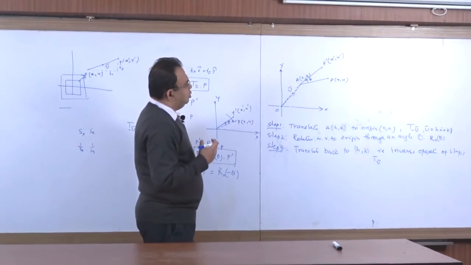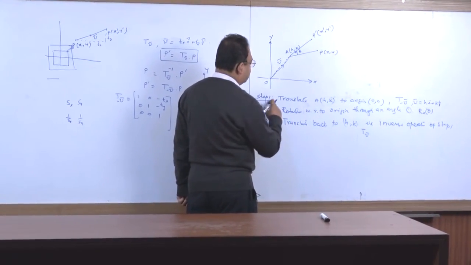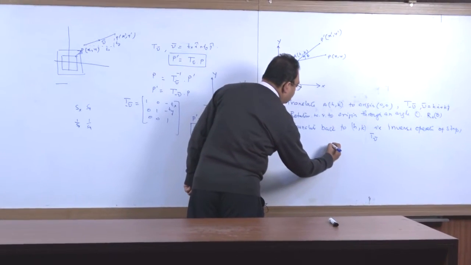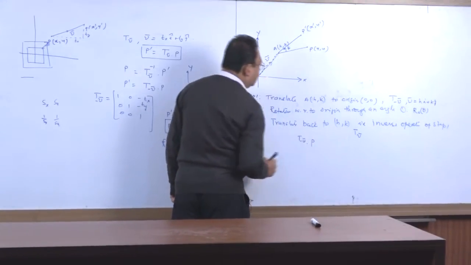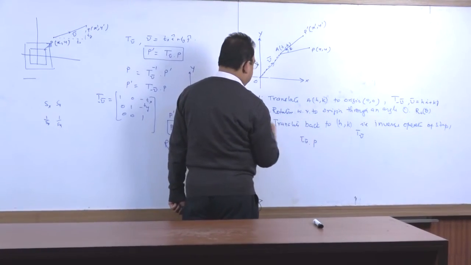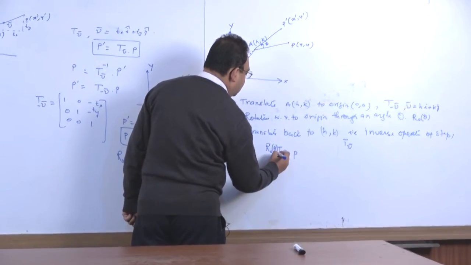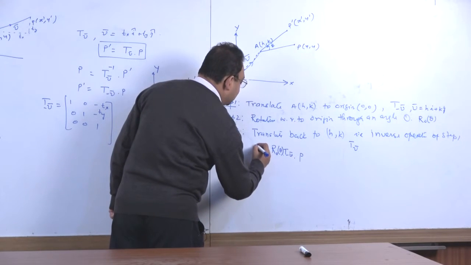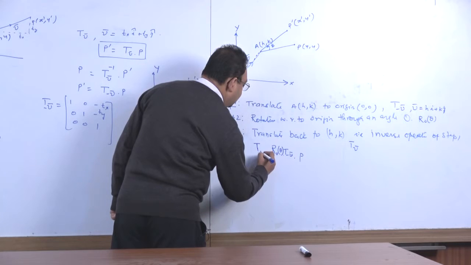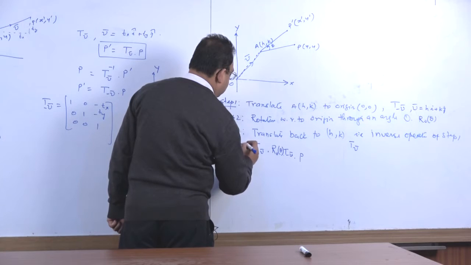So, to obtain this composite transformation, we first operate step 1 on P, which is T minus V. On the result, we apply step 2, that is rotation through an angle theta with respect to the origin, R0 theta. And then we apply step 3, that is translation along V, on this result, and this is your P dash.